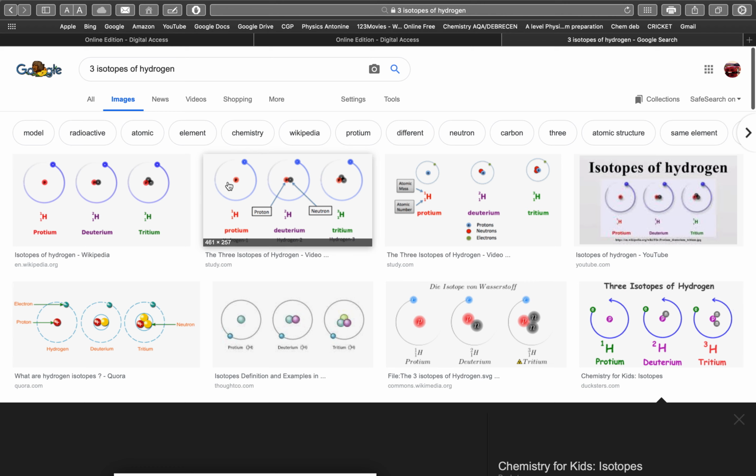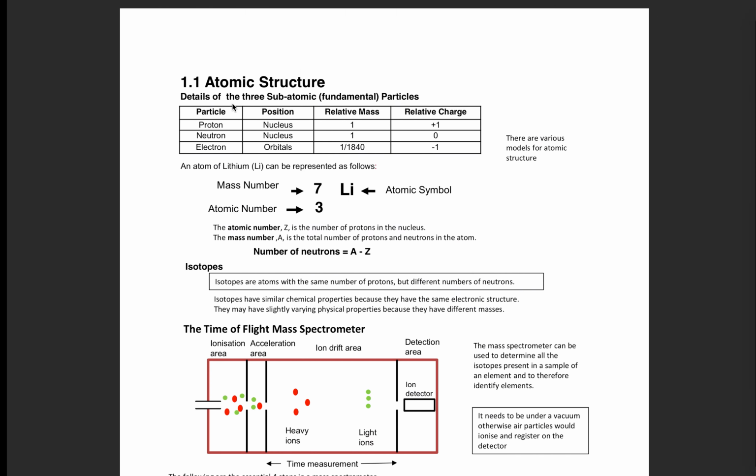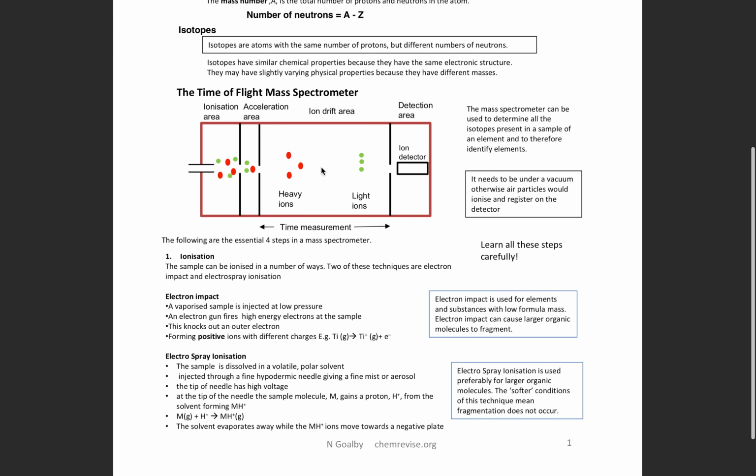I know I'm going a bit fast, but I want to zoom through this part because it's very basic knowledge, which you should have known from GCSEs. If not, you should have remembered. Isotopes have similar chemical properties because they have the same electronic structure. They may have slightly varying physical properties because they have different masses.